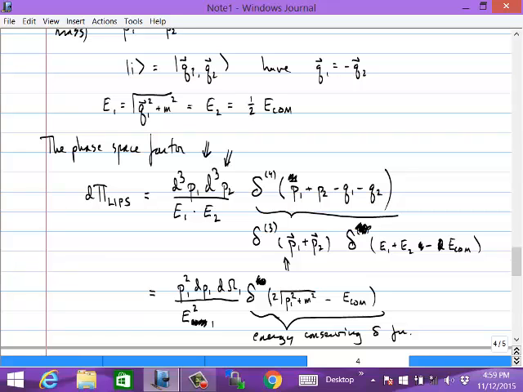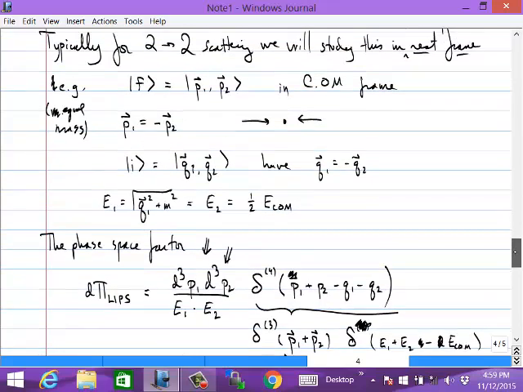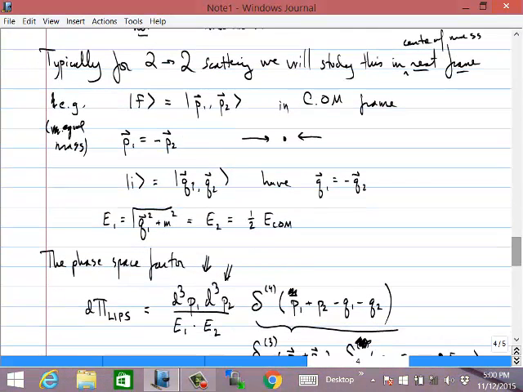Right? Because, let's put it this way. We work in the center of mass frame for the initial particles, which means that the initial particles have a total momentum equal to 0.